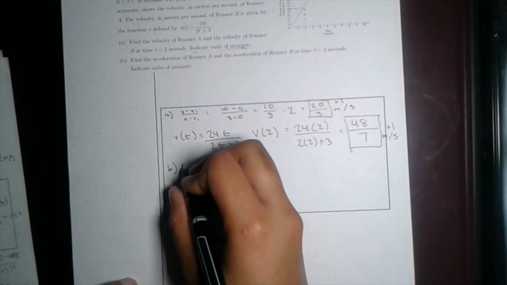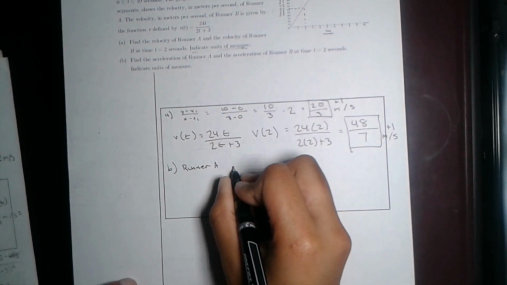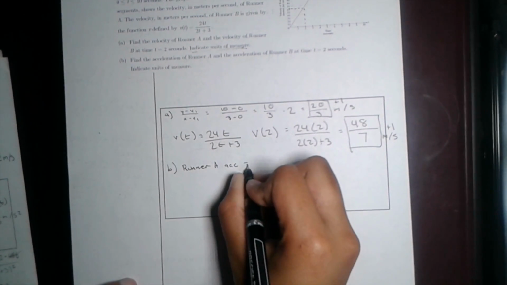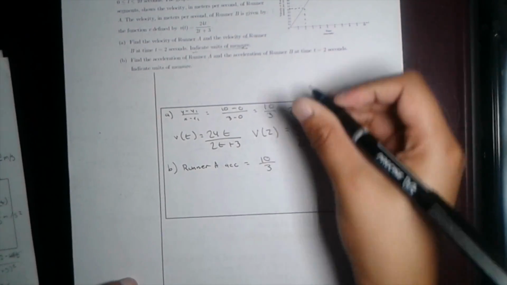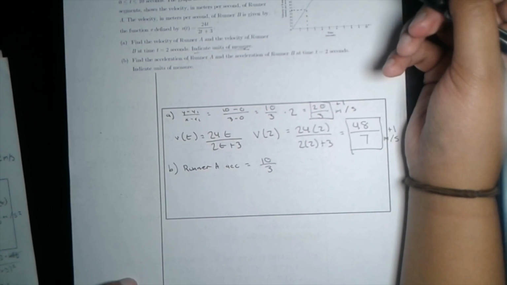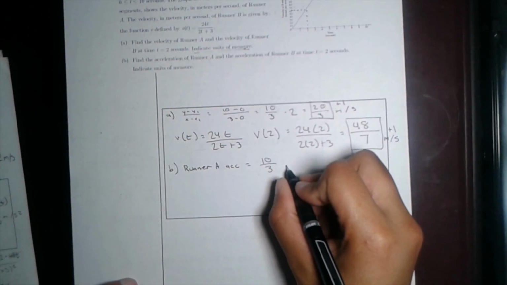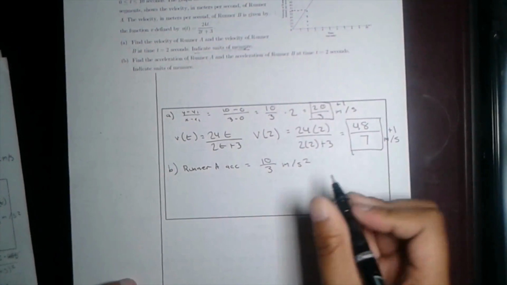So that's runner A's acceleration equals 10/3. That's just the slope here. Since it's velocity, if you find the slope of the velocity, you get acceleration. And it's meters per second squared.